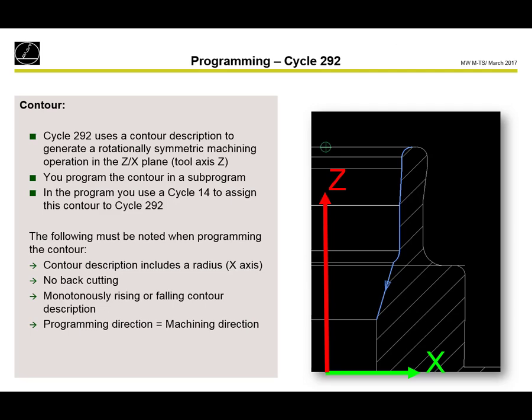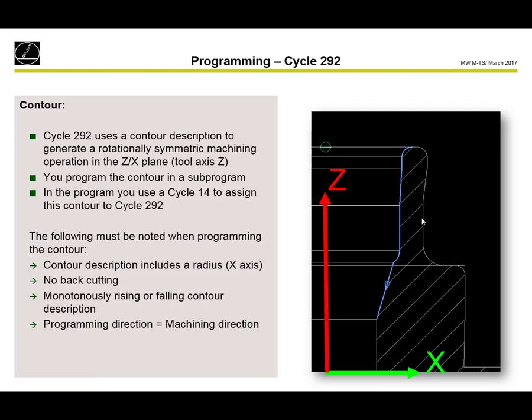Because of this, for the example here on the right side, we need to define one contour for the inside and one contour for the outside. Both together are not allowed, because when I switch from inside to outside, I will also change the direction from constantly going up to going down, and this is not allowed.